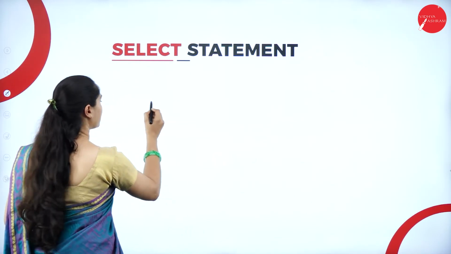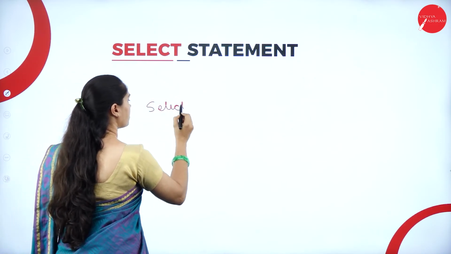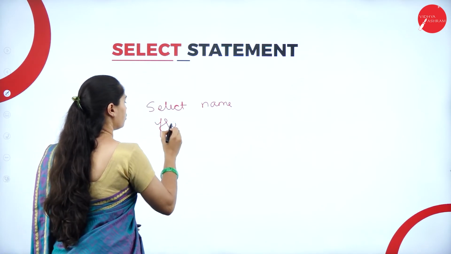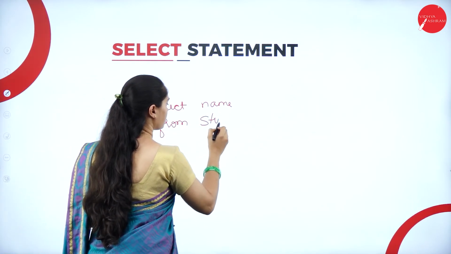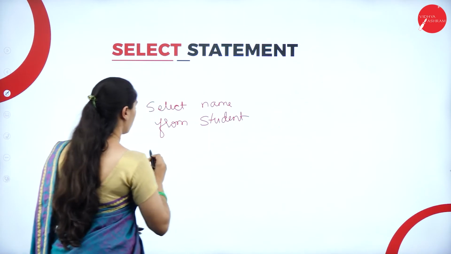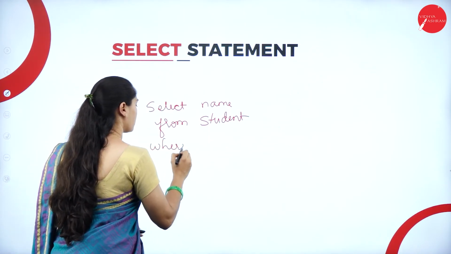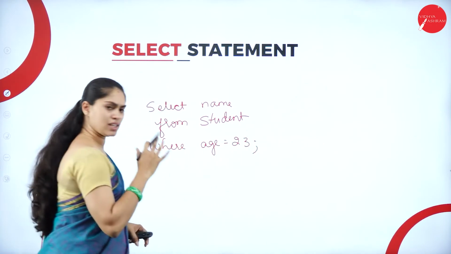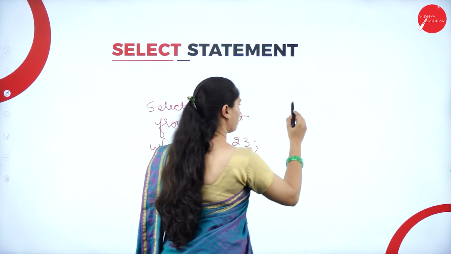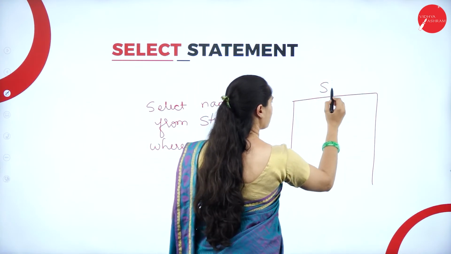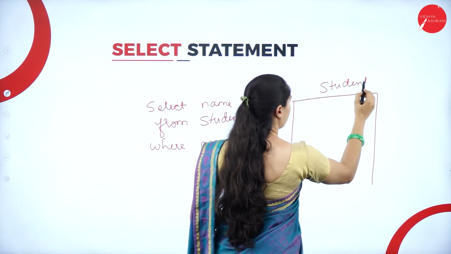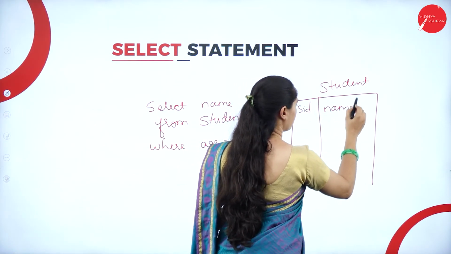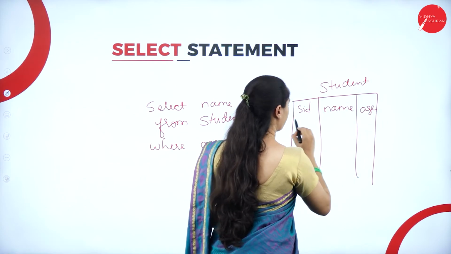Let me consider one example here. Select name from student where age is equal to 23. This is my query. Now let me consider the table here. Consider I have a student table and it includes student ID, student name, and age.